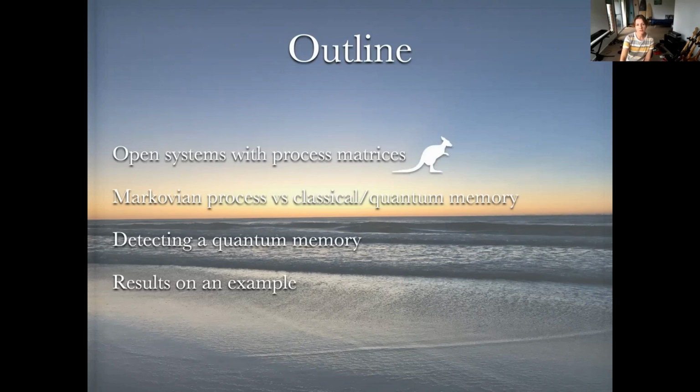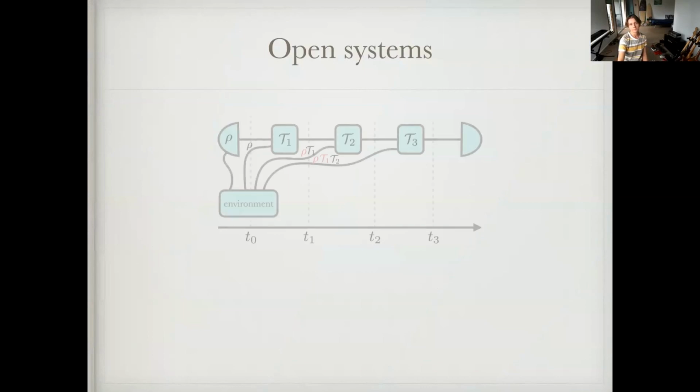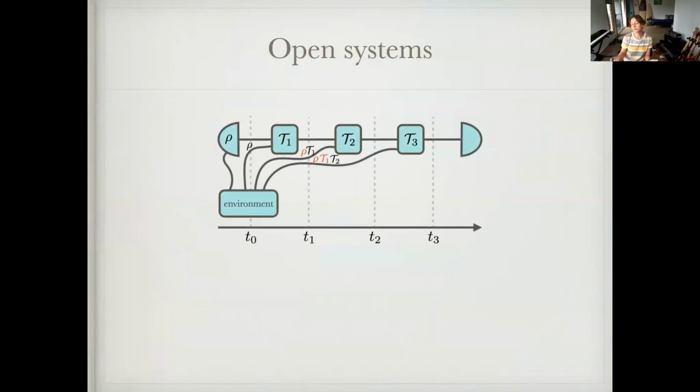So we're here, open systems with process matrices. This is a representation of an open system. Here you have a state that undergoes different transformations. This is a sequence in time. And for the system to be open, you need some environment as well. So you have all kinds of interactions. The environment might be affecting the state, so you would have some initial system-environment correlations.